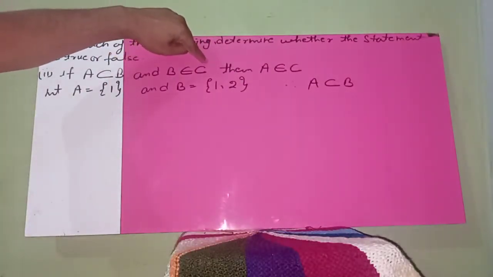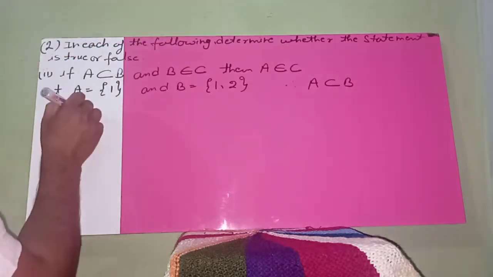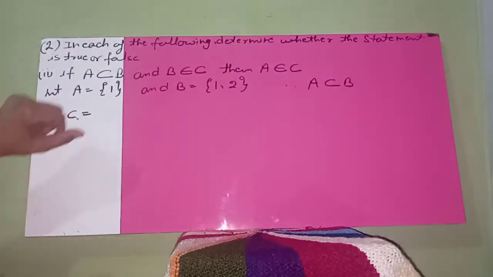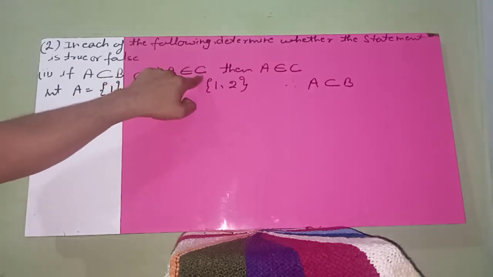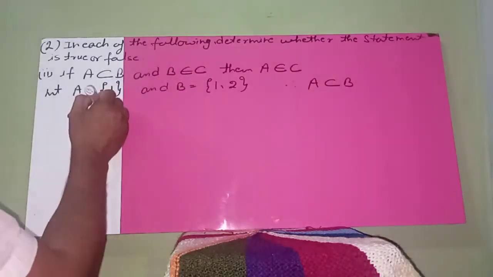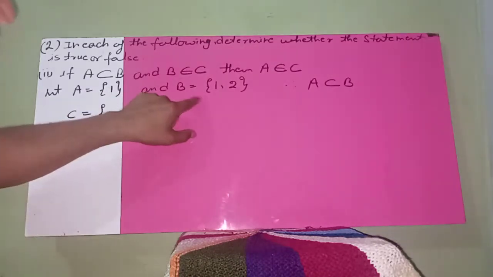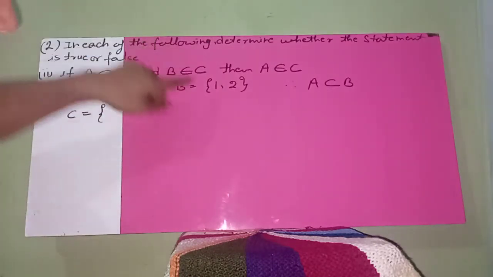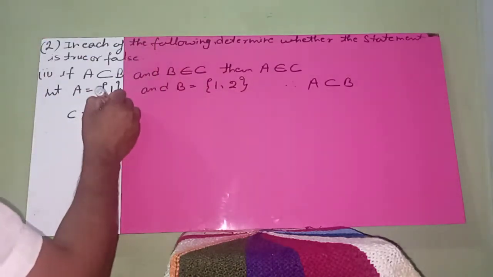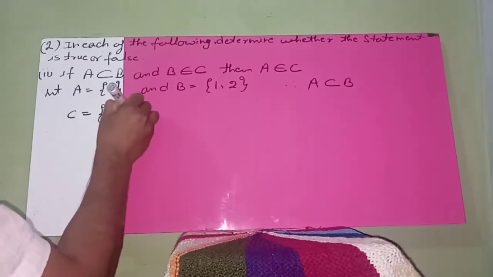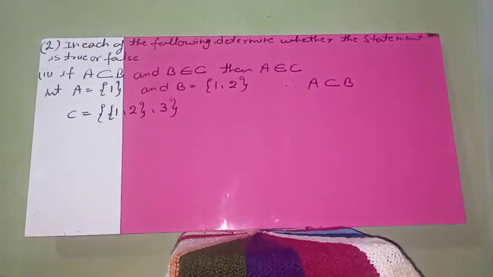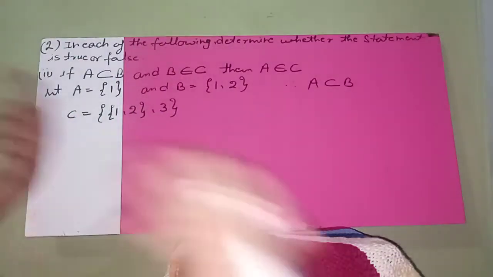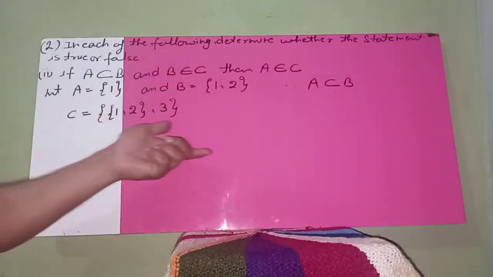Okay, after that I have a new set, that is set C. What happens in set C? Because set B is the element of set C, it means set C has one element, that is set B. Set B is the set of 1 comma 2. So in set C I take set {1,2} and I take one more element, that is 3. अरे कोई भी ले लेते हैं हम, one more element, 1 2 3 4 any other.